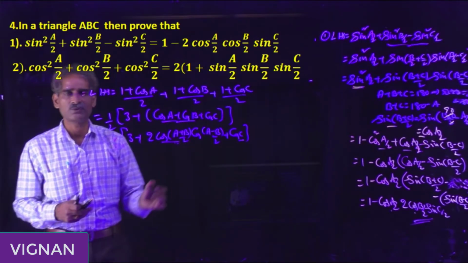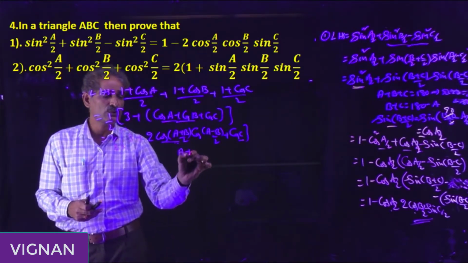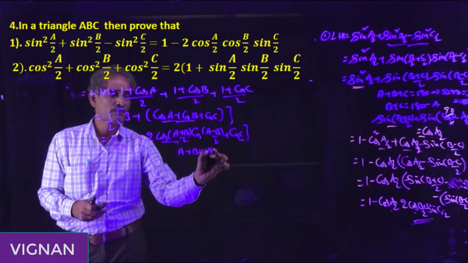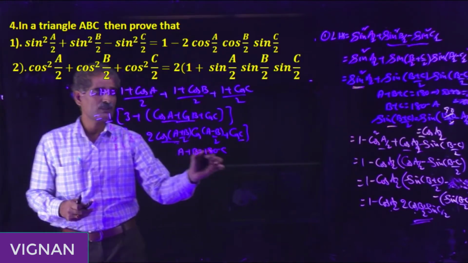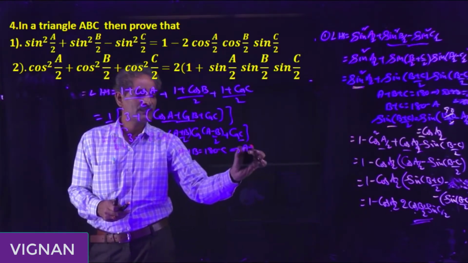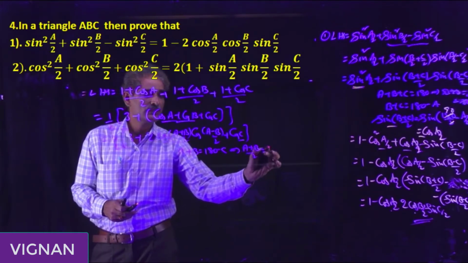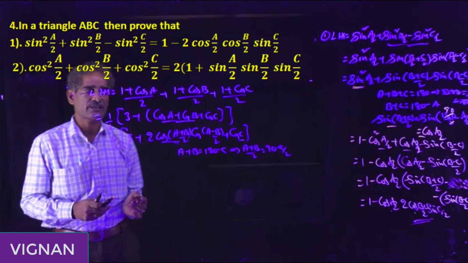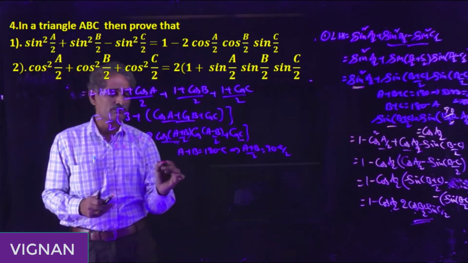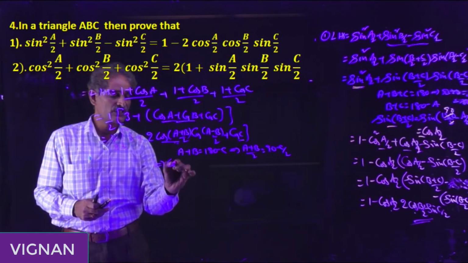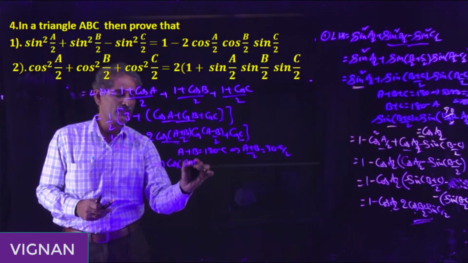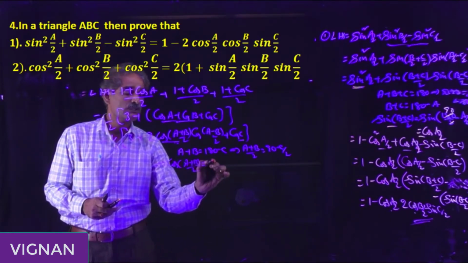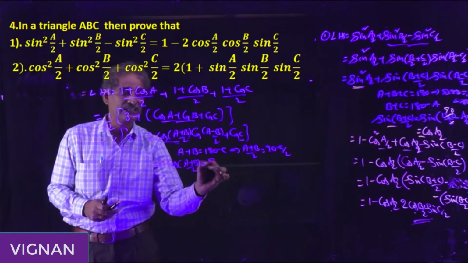Find out this value. So a plus b is equal to 180 minus c. A plus b by 2 is equal to 90 minus c by 2. Now cos function is there. So apply cos function on both sides. Then cos of (a plus b) by 2 is equal to cos (90 minus theta), sin c by 2.